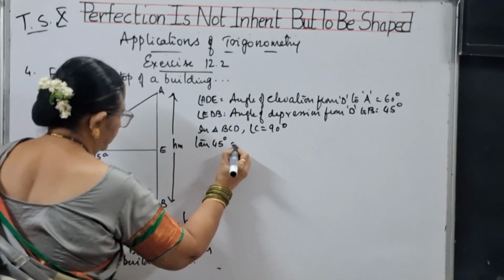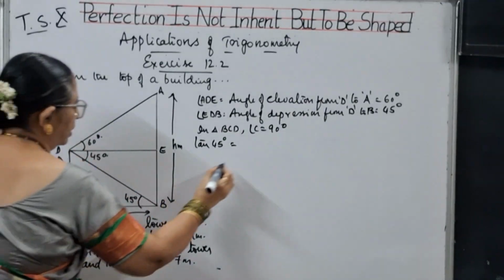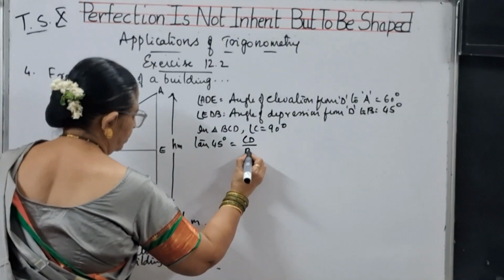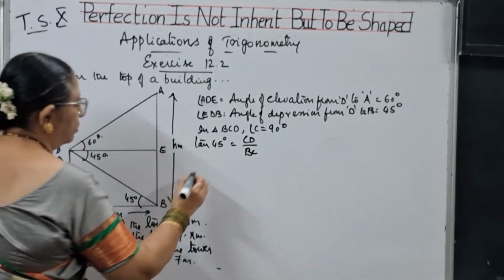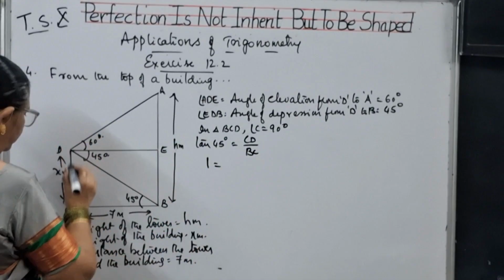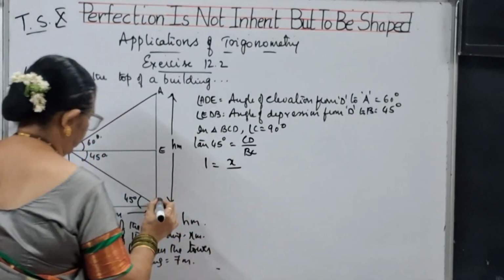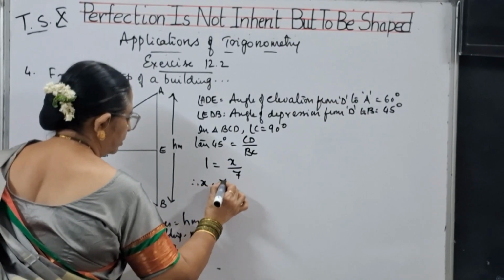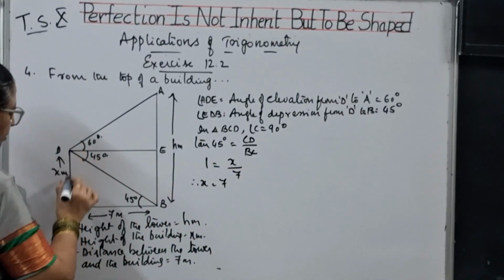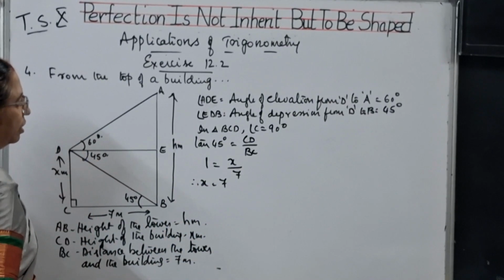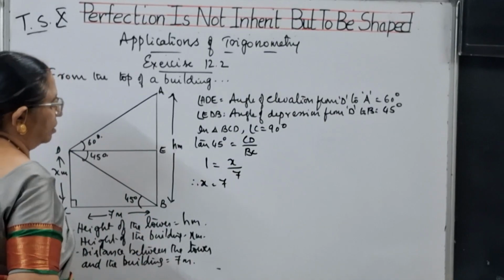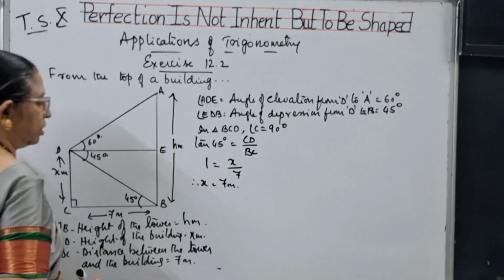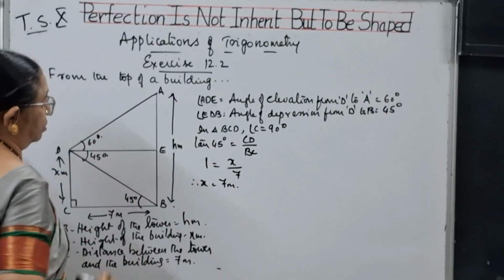Tan 45 degrees is equal to, for this opposite side is CD by adjacent side is BC. So tan 45 is 1 is equal to CD, that is X, by BC is 7. Therefore X is equal to 7. What is X? X is nothing but height of the building, that is 7 meters. X is equal to 7 meters. We have got it.